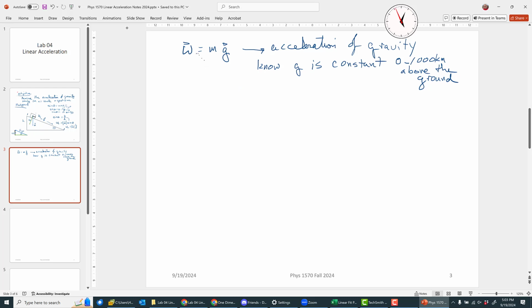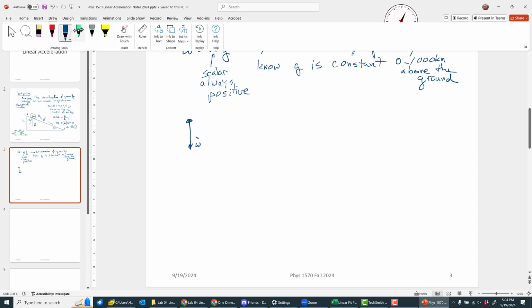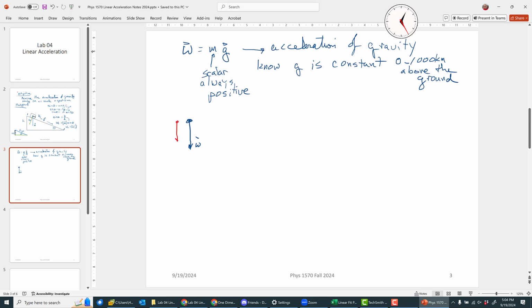Okay, so notice now, since mass is what we call a scalar, just a number, and it's always positive, the weight vector and the acceleration vector always point in exactly the same direction.